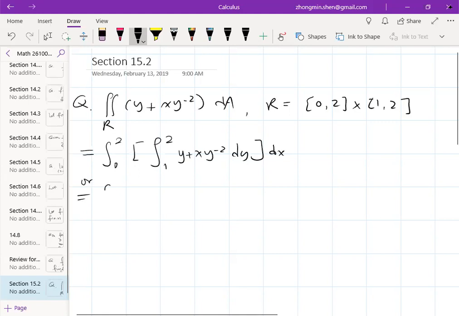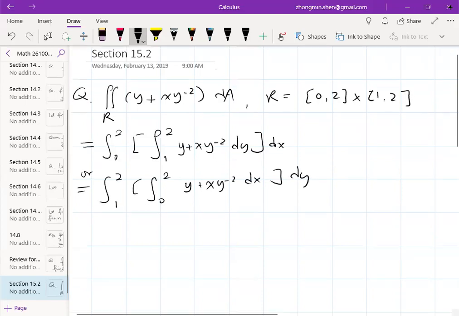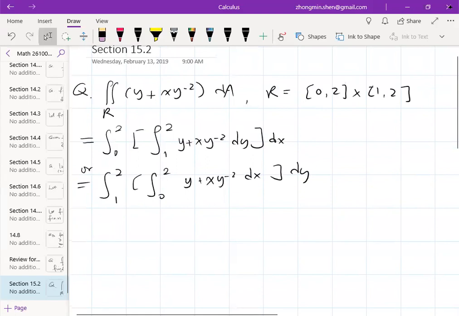Or you can interchange it, from 1 to 2 and from 0 to 2, using either of them. Make sure the interval corresponding to dx is the interval for x, and dy corresponds to the interval for the y variable. Then you decide which one you want to begin with.